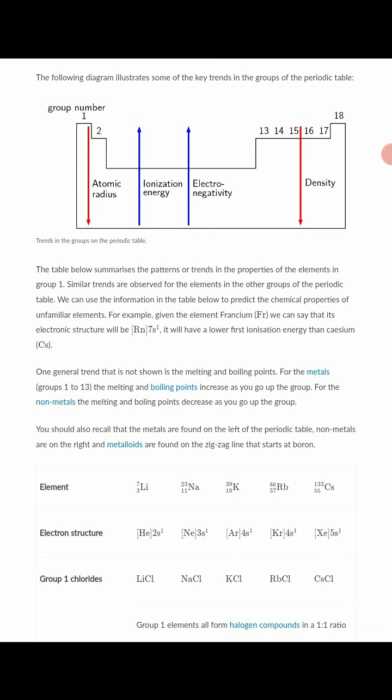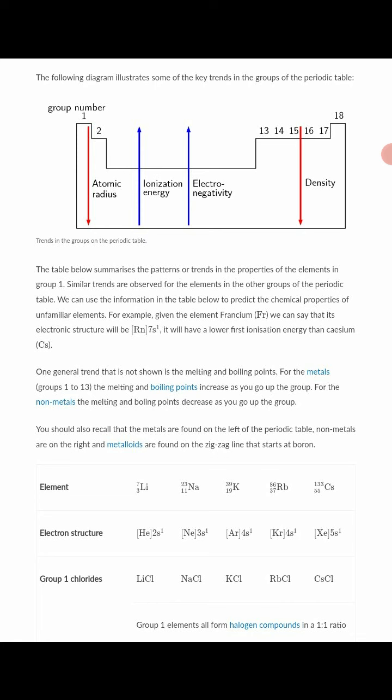Then for the non-metals, the melting and boiling points decrease as you go up the group. Okay, so you should also recall that the metals are found on the left of the periodic table, non-metals are on the right, and metalloids are found on the zigzag line that starts at boron.